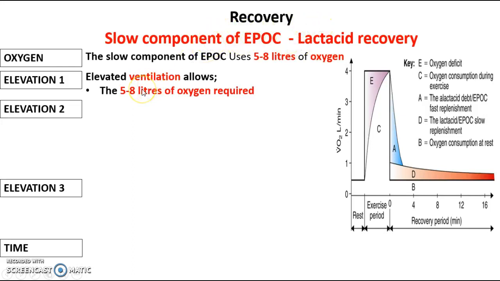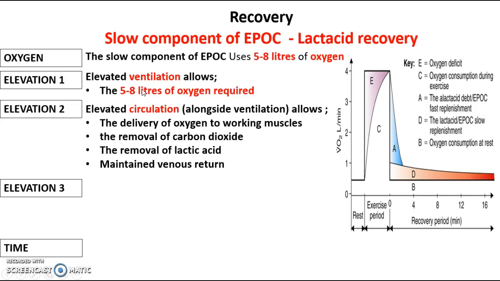On top of this, we also have an elevated circulation, which works alongside our ventilation and breathing rate. Circulation we might understand better as heart rate. If your heart rate rises, that will increase your stroke volume, which will increase your cardiac output, which will then allow the following things to happen alongside ventilation, because we're getting more oxygen into our bloodstream in the first place.